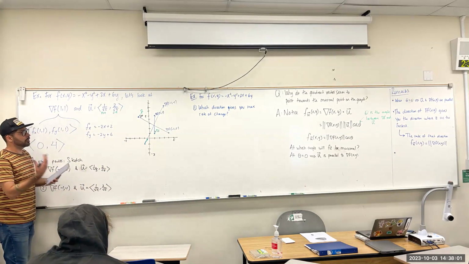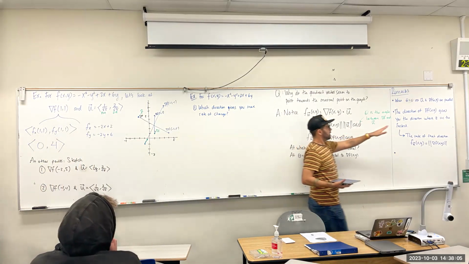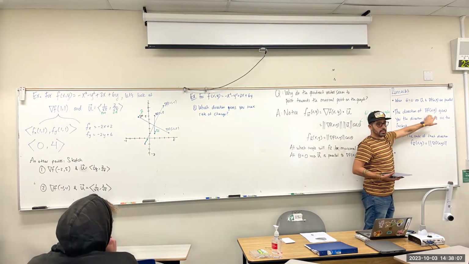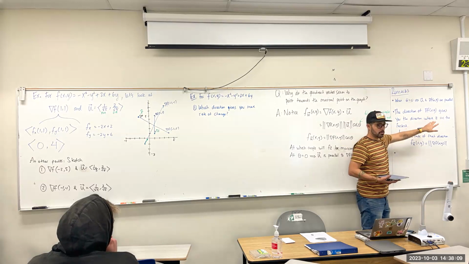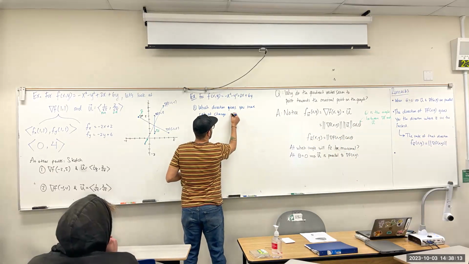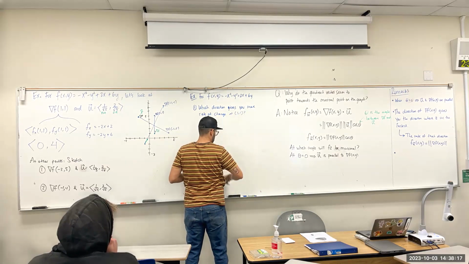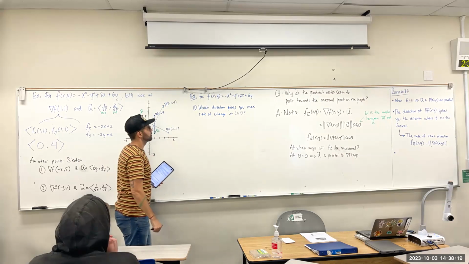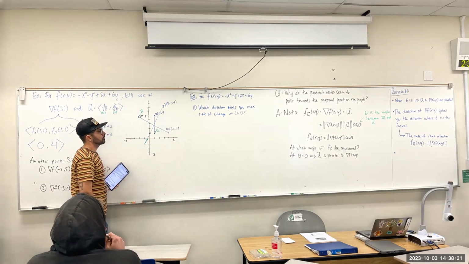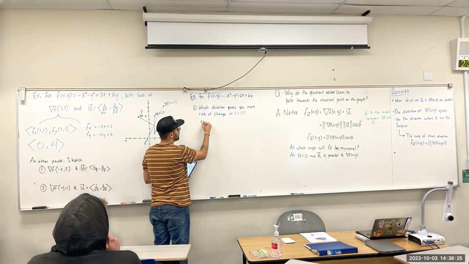And so what you will have to do, the direction that gives you the max rate of change is the direction dictated by the gradient vector. It has to tell you the point, 1, 1.